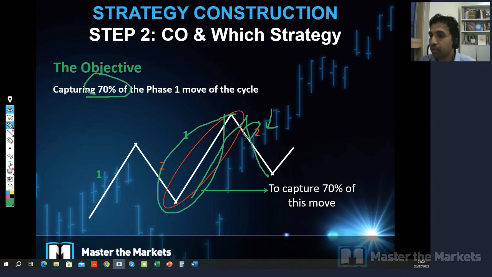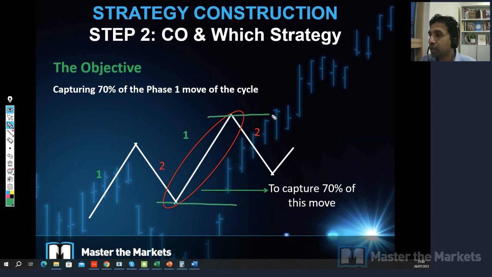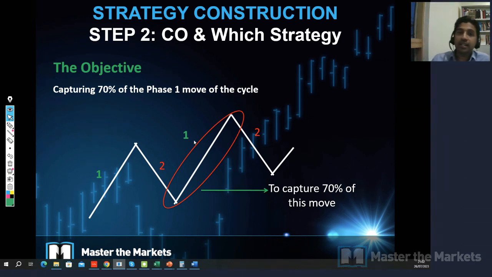From here, from the bottom to the top, capture 70% of the move. That's what you should be looking at. So that is the objective.